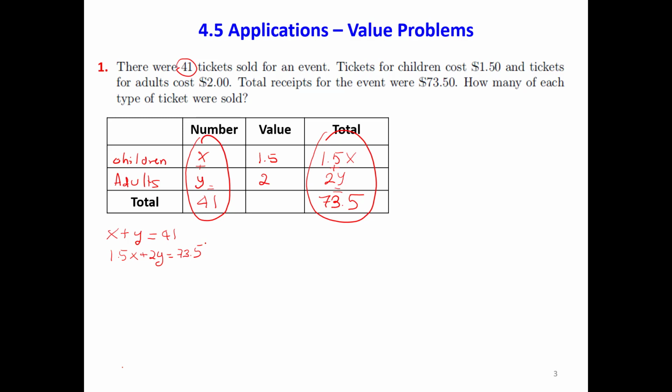In order to solve by addition elimination, we need to get opposites. Let's multiply the first equation by -2. In this way, we can eliminate y. We multiply each term of the equation by -2.